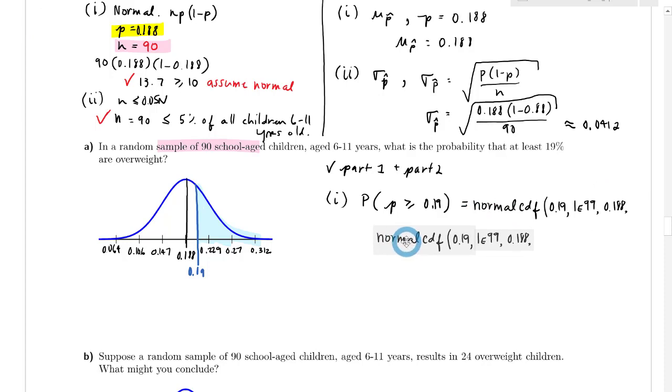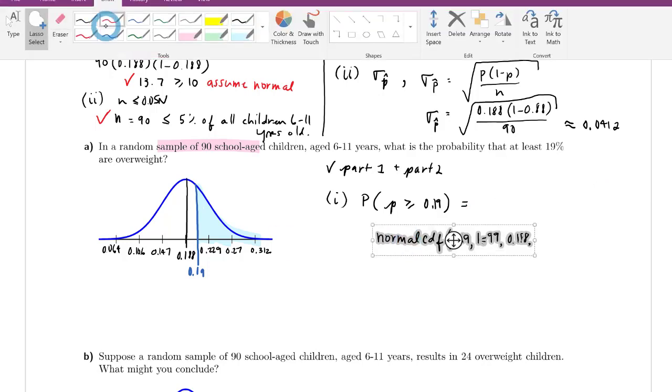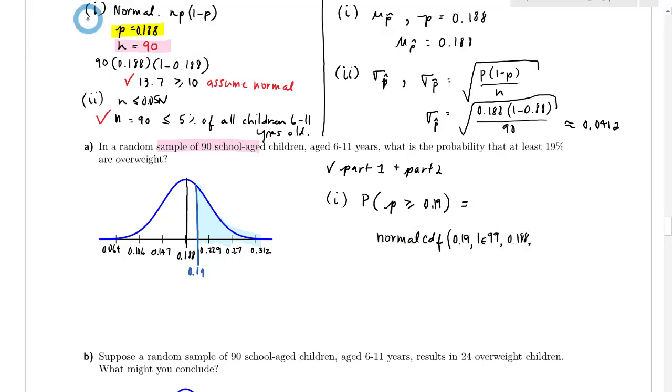It's actually not too bad with our calculator because it's nicely formatted. So I'm going to leave it as 0.188 times 1 minus 0.188, all over 90, and then square root. I know I'm going to put that all in. It's crazy.